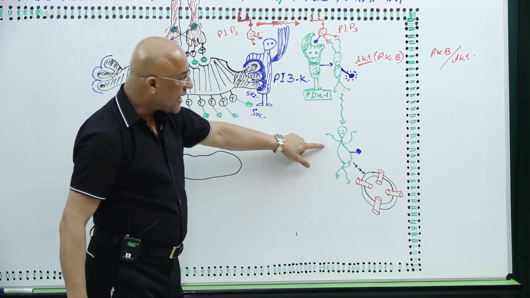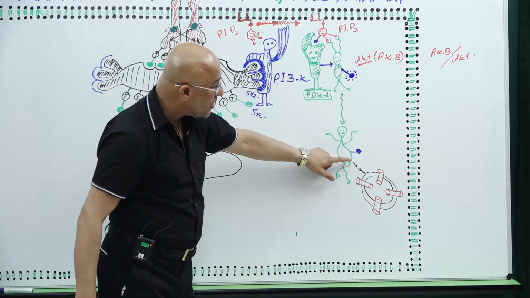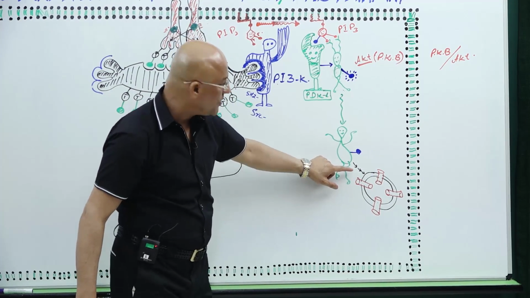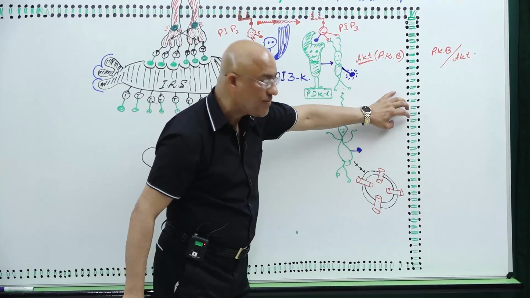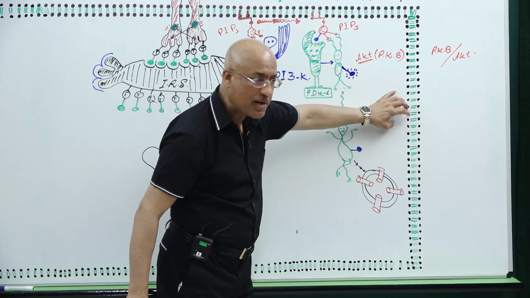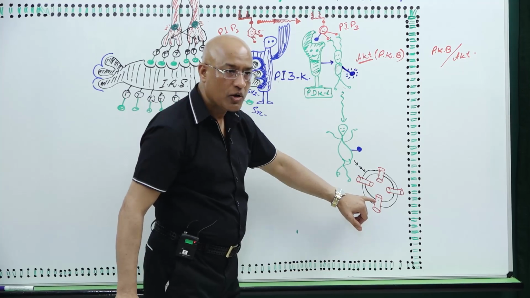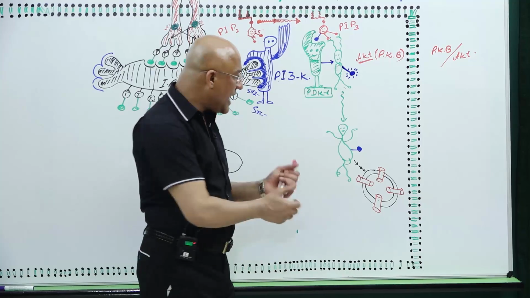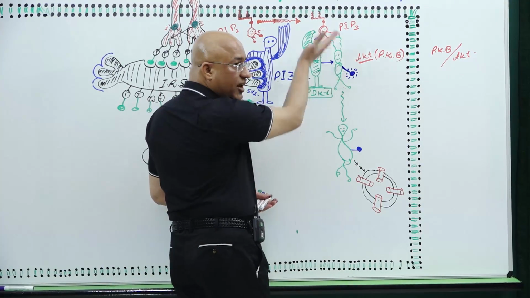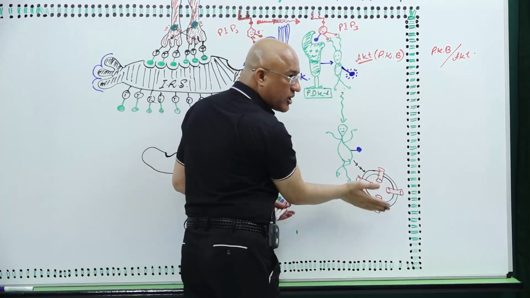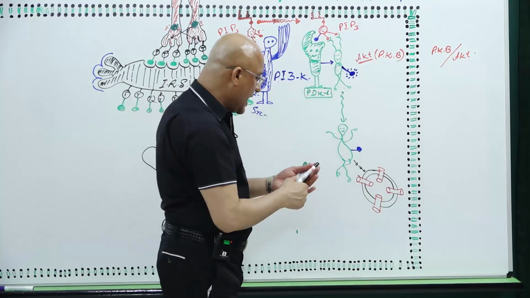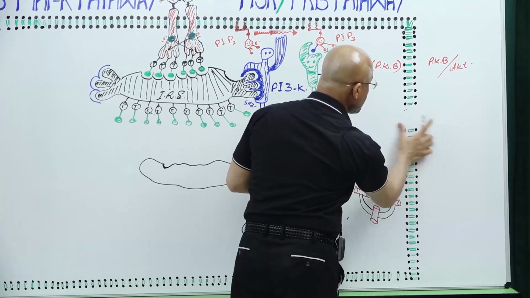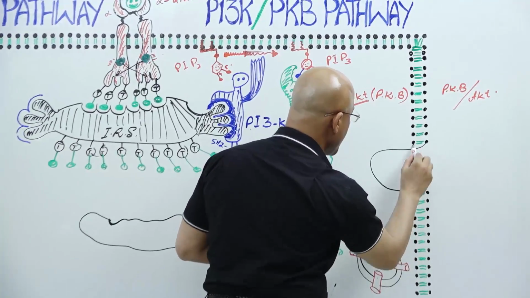Actually, Akt protein will phosphorylate multiple molecular motors, and these molecular motors will drag this vesicle to the membrane. And once the AKT level in the cell goes up, all these vesicles loaded with Glut4 are pushed to the membrane, and when they are pushed to the membrane, what will happen? They will move towards the membrane and fuse with the membrane.